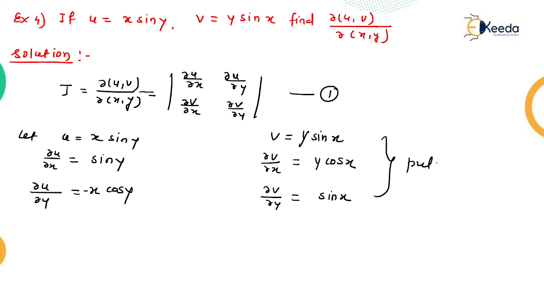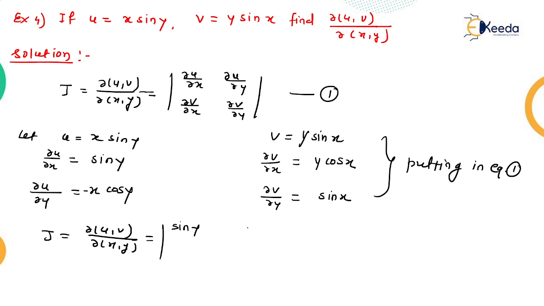So putting in equation 1, we get the Jacobian del(u,v) upon del(x,y) equal to the determinant: del u by del x, that is sine y; del u by del y, that is minus x cos y; del v by del x, that is y cos x; and del v by del y, that is sin x.